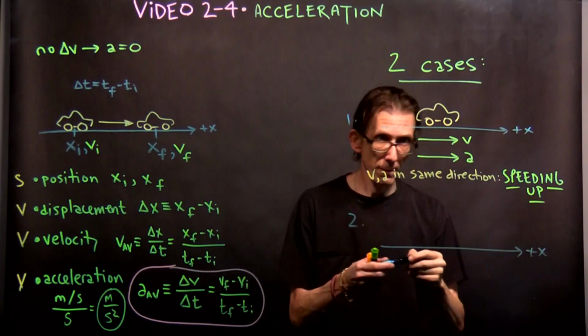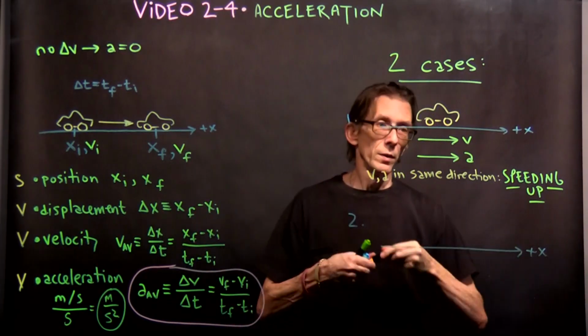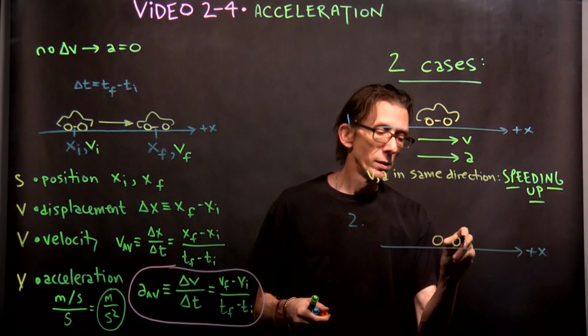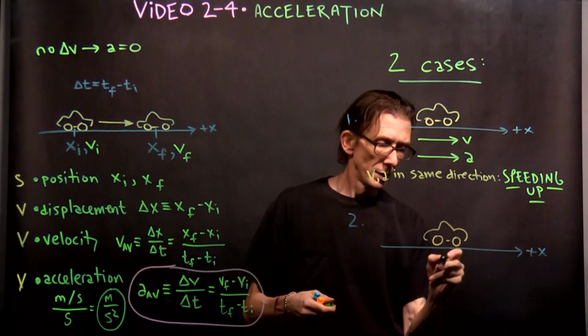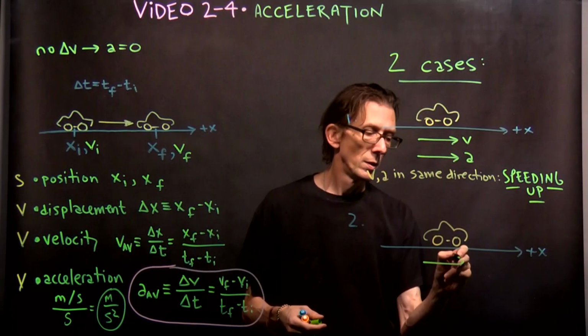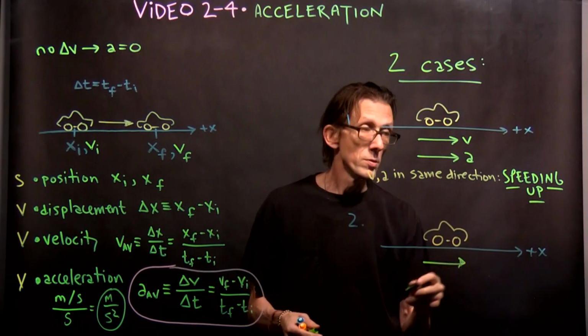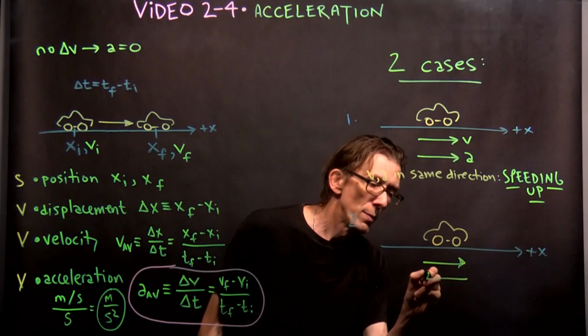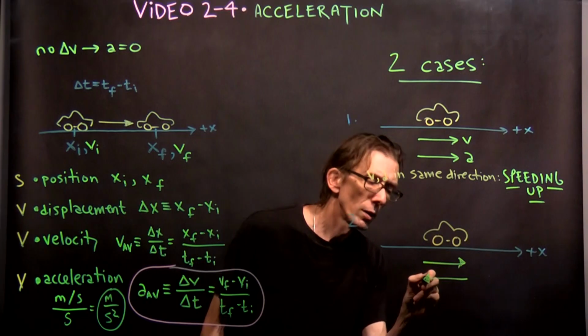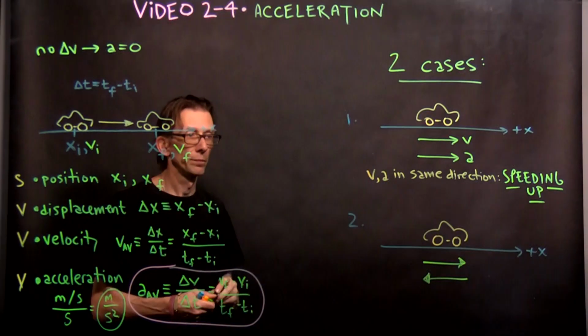Again, positive X here. The car is still going to the right. You can have the acceleration be moving against the car's motion like that.